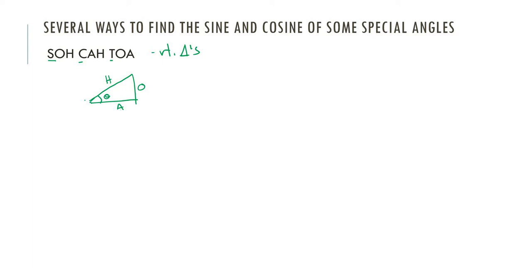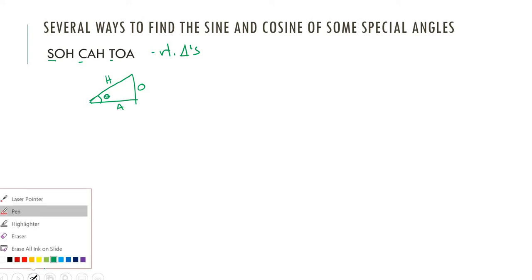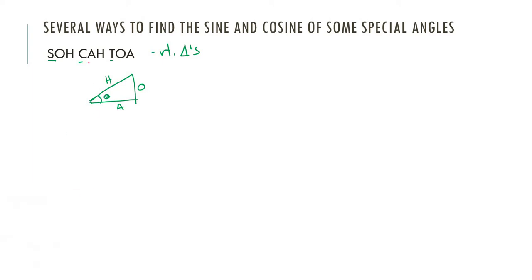Now, if we put this onto a Cartesian plane, if we draw a y and an x-axis through here, and we're still using this triangle, now this point is the ordered pair x comma y.